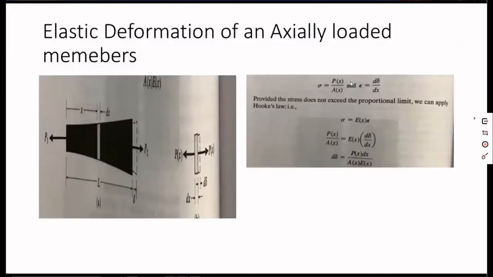Let's start with elastic deformation of axially loaded members. What does that mean? Axial load is basically either in tension or in compression.